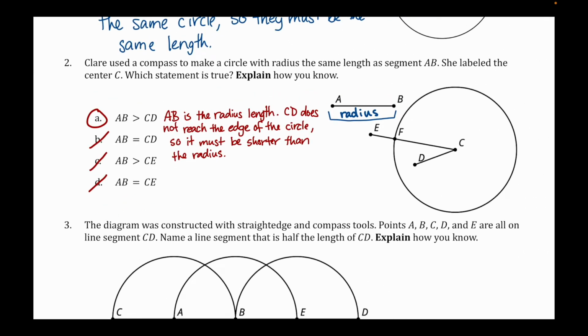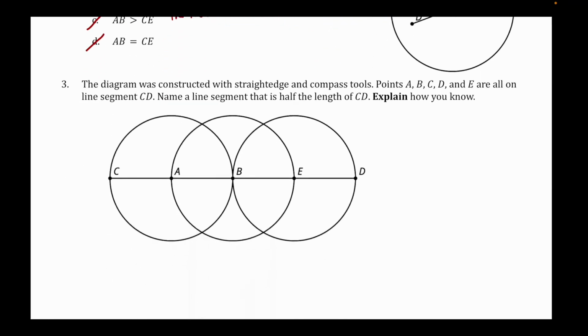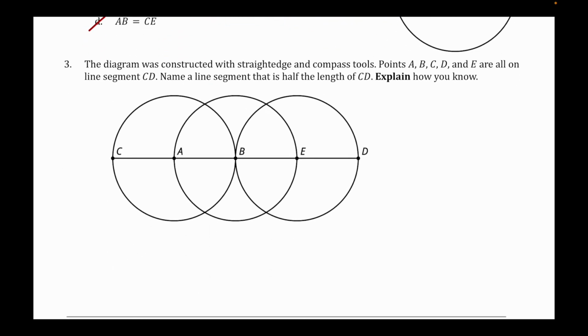Now let's take a look at question number 3 down here. So for question 3, it says the diagram was constructed with straight edge and compass tools. Points A, B, C, D and E are all on the line segment CD. So we want to name a line segment that is half the length of CD.